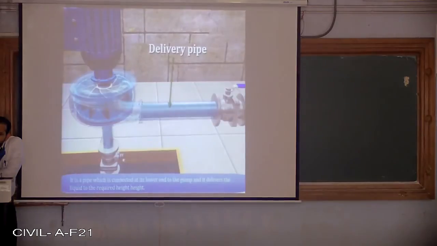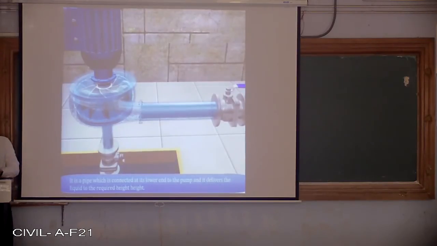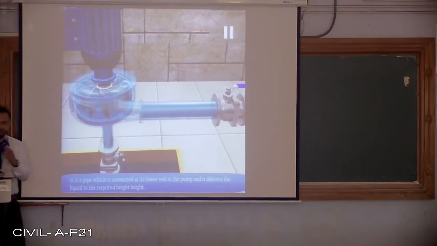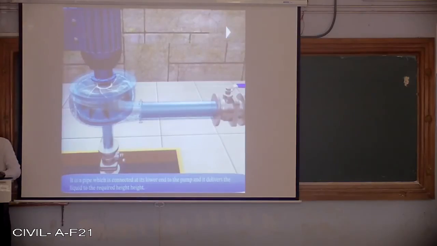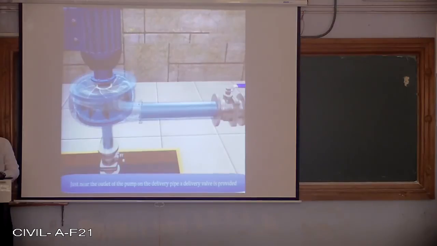Delivery pipe. It is a pipe which is connected at its lower end to the pump, and it delivers the liquid to the required height. So you can see there are more than 5 components of a pump. Each part has a very important role to play. Just near the outlet of the pump on the delivery pipe, a delivery valve is provided.